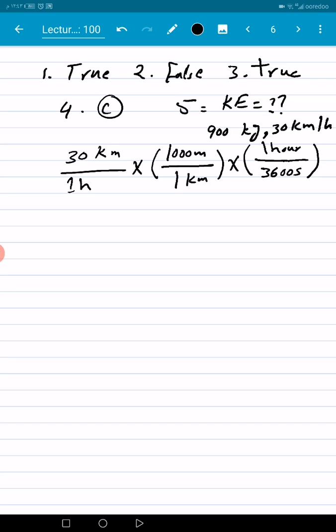I just flip because I need to cancel, so kilo cancels with kilo, hour with hour, so the result is 8.333 meters per second.